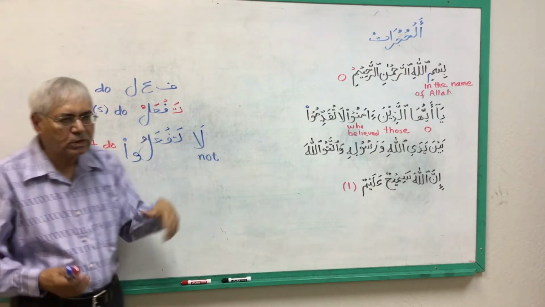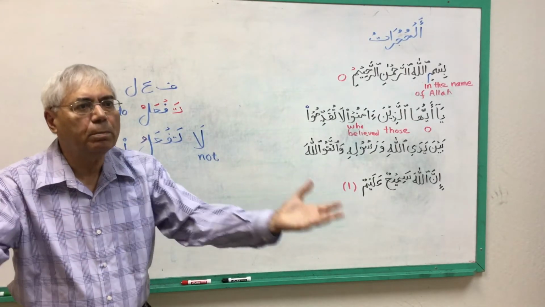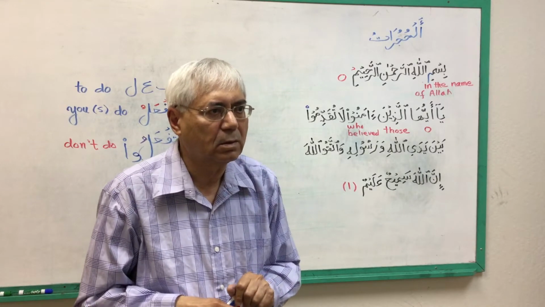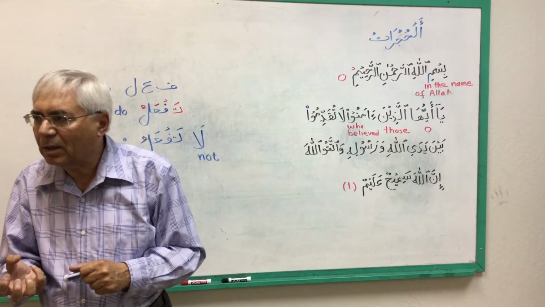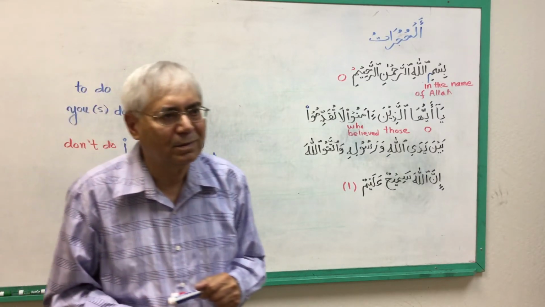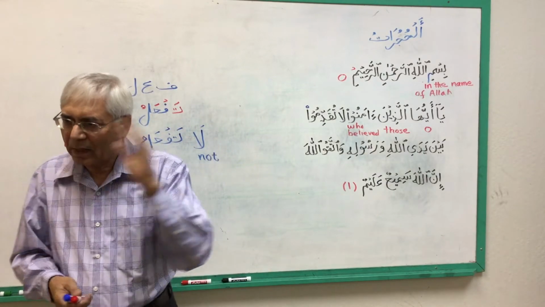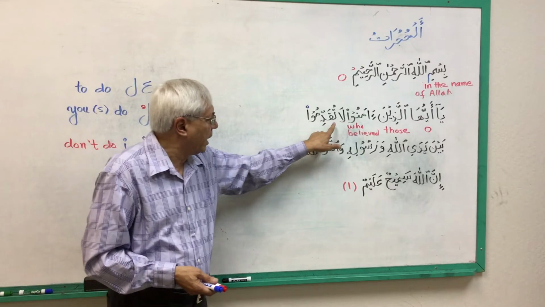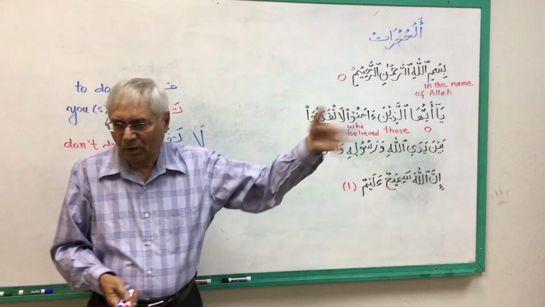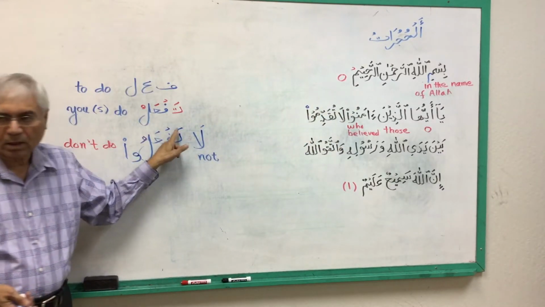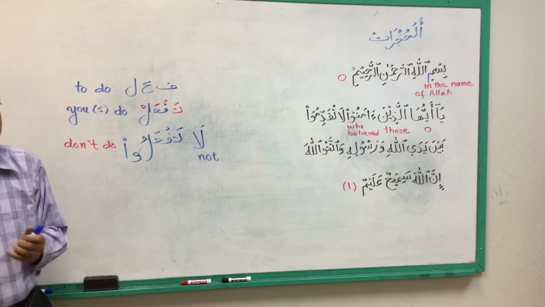And waw is there, which means you're talking to more than one person. Okay? So what is left in the middle is qaddama. If you take out the la, you take out the waw, and ta is actually coming from, it's a part of the thing here. Okay? So what is left? Qaddama.